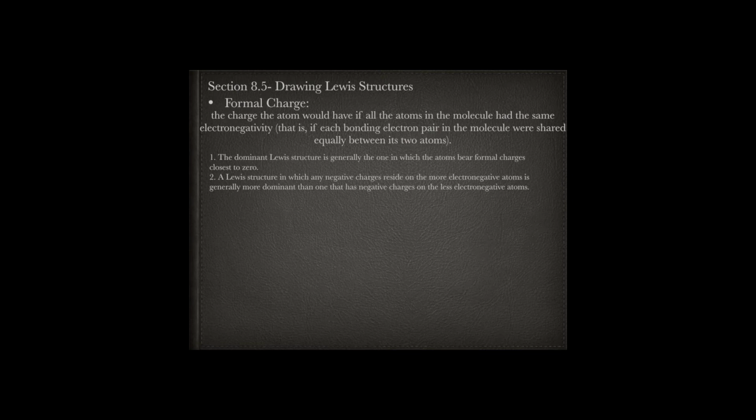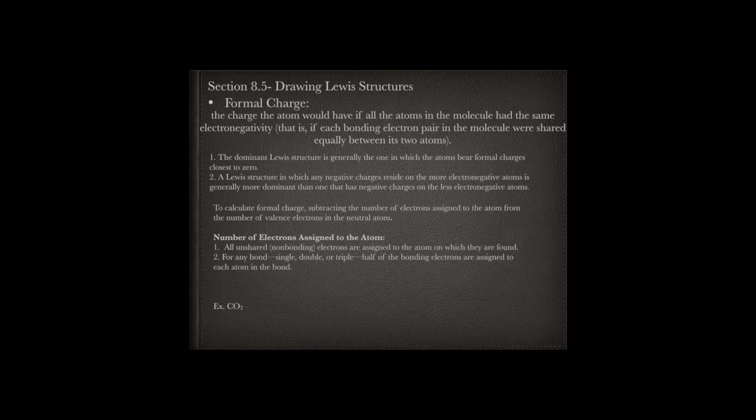So let's learn how to actually calculate formal charge. To calculate formal charge, all you do is take the number of electrons that are assigned to the atom, and subtract that from the number of valence electrons. So how exactly do you determine the number of electrons that are assigned to an atom? Well, it's quite easy. All unshared electrons, meaning non-bonding electrons, count as 1 electron each.